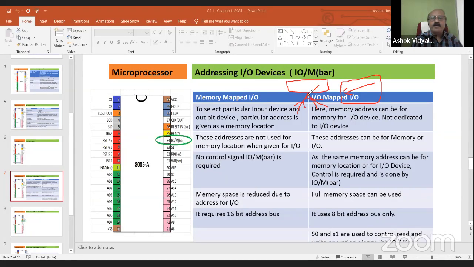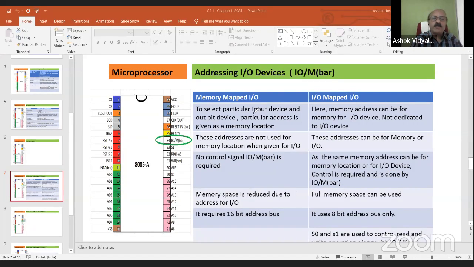That is a controller. That is a signal. That signal is IO/M bar. That is memory. So if the same memory address can be for memory location or for IO, control is required and that is done by IO/M bar.